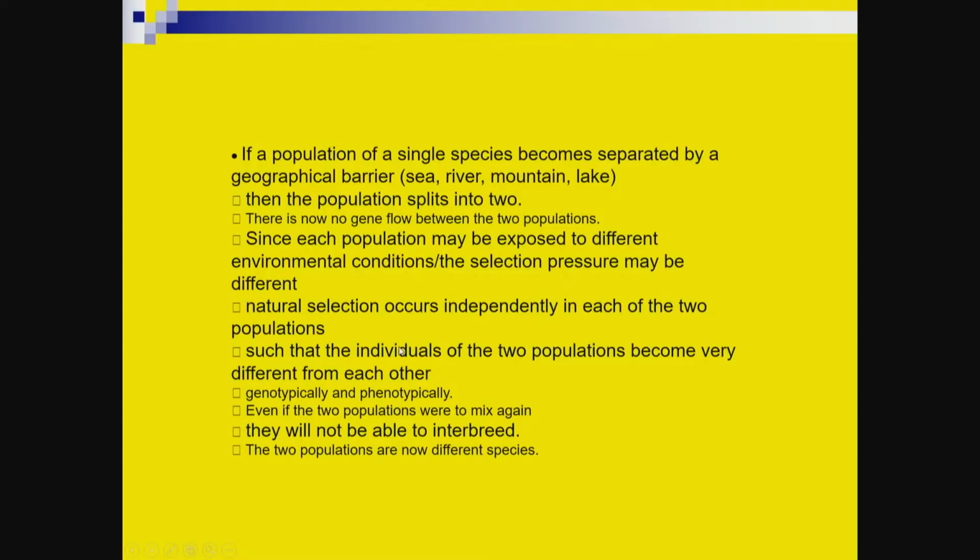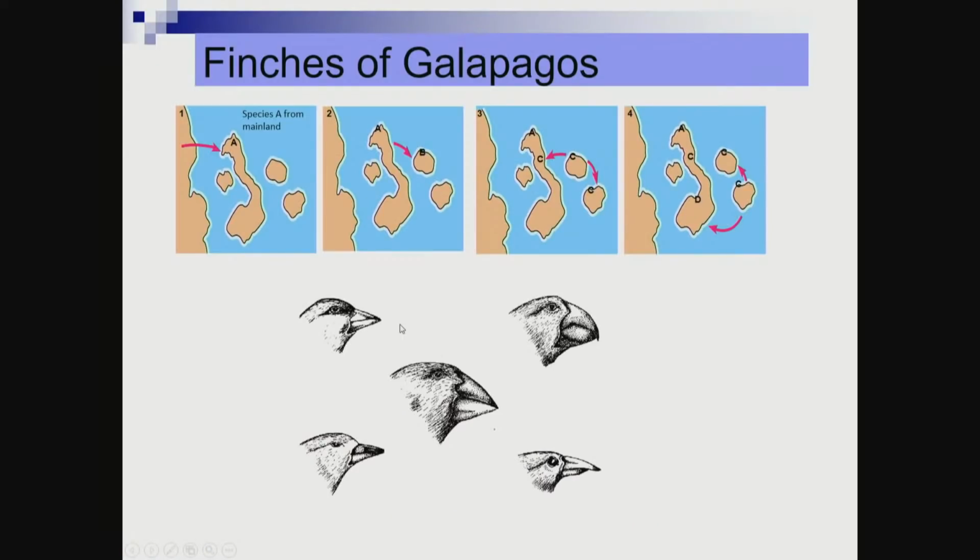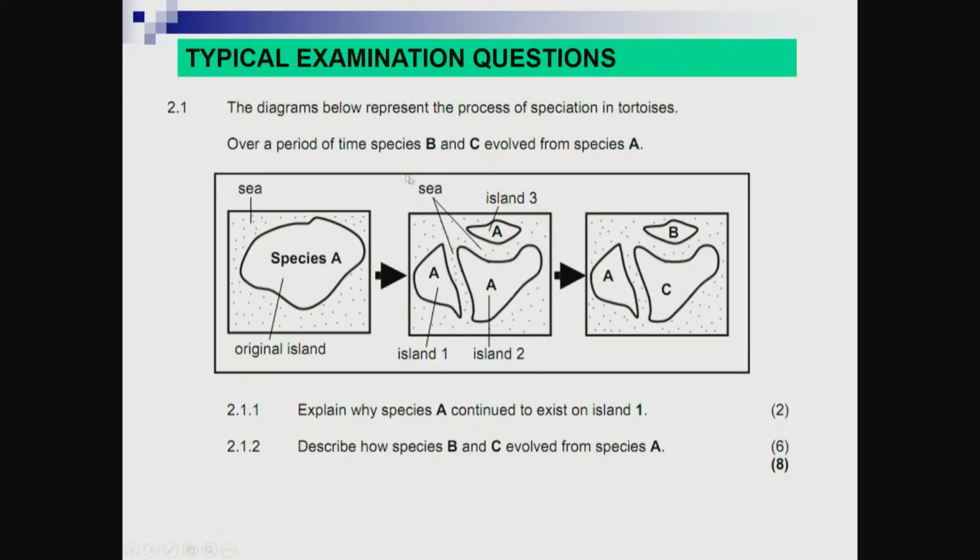Very important. Speciation, very, very important, and you must apply it to an exact example. So, let's look at this one and try to explain it in the new way that they want us to explain it. So we started with this original population of tortoises. Species A was the original population of a single species of tortoises.